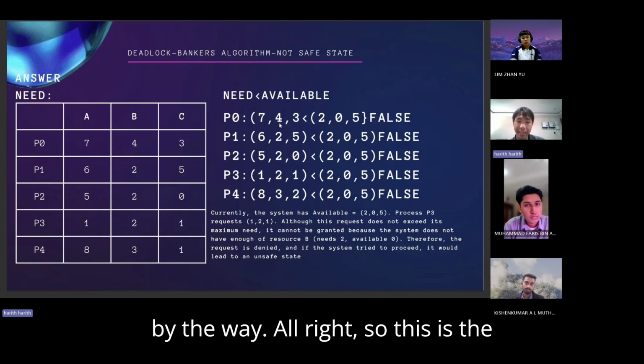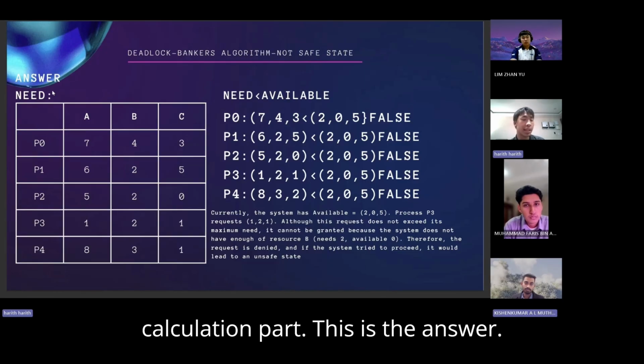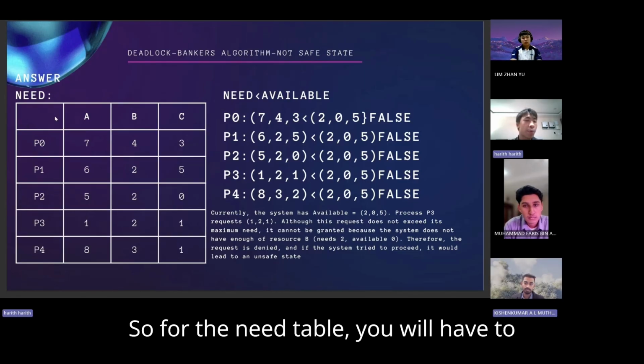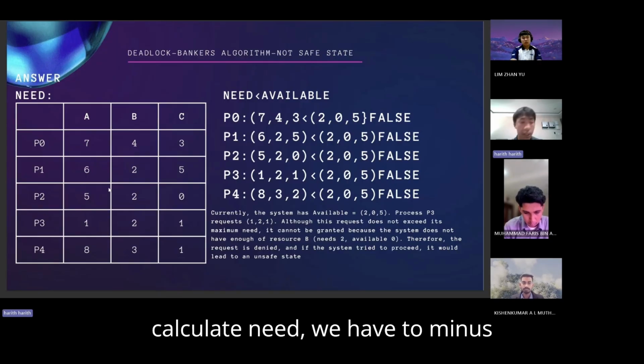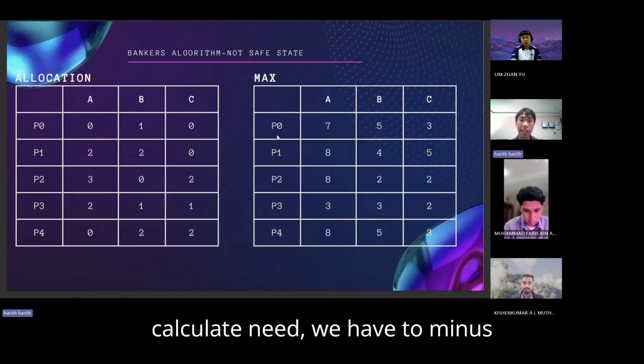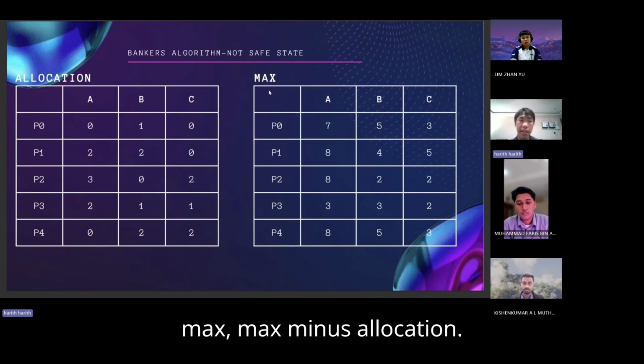All right, so this is the calculation part. This is the answer. For the need table, you will have to find it out yourself. To calculate need, we do max minus allocation.